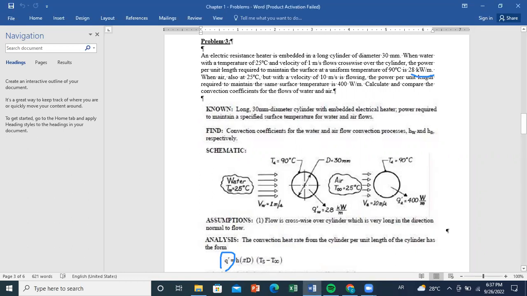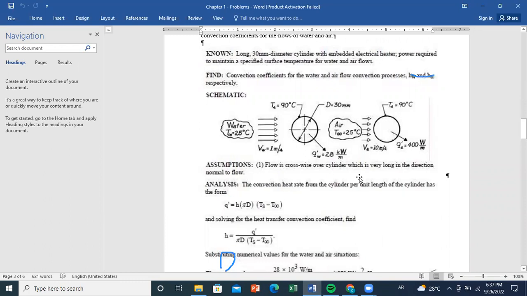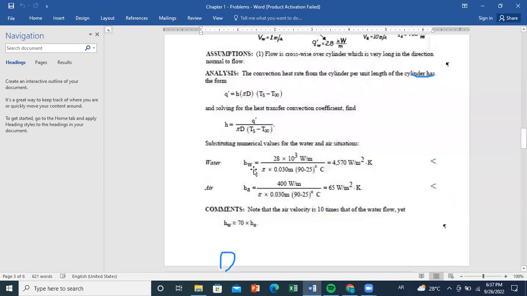So we can find that in case of water, the convective coefficient is 4,570 watt per meter square Kelvin, while in case of air, it's equal to 65 watt per meter square Kelvin.